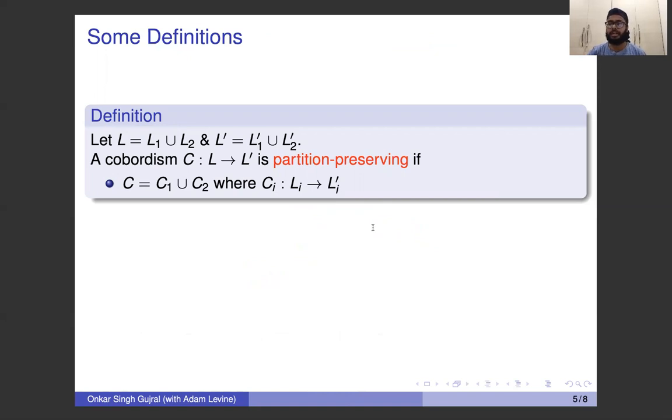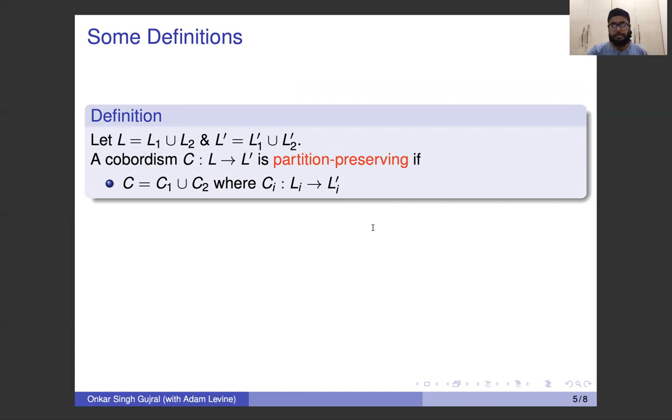If you have a link L that comprises sublinks L1 and L2, and you have a link L prime that is given by L1 prime union L2 prime, then we call a cobordism C that goes from L on the left to L prime on the right partition preserving if C consists of two components, C1 and C2, where C1 goes from L1 to L1 prime and C2 goes from L2 to L2 prime.